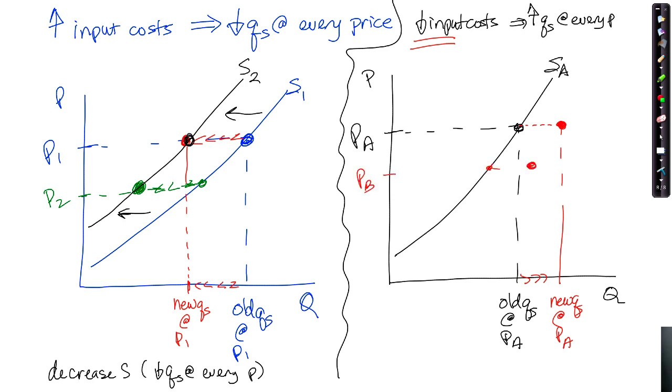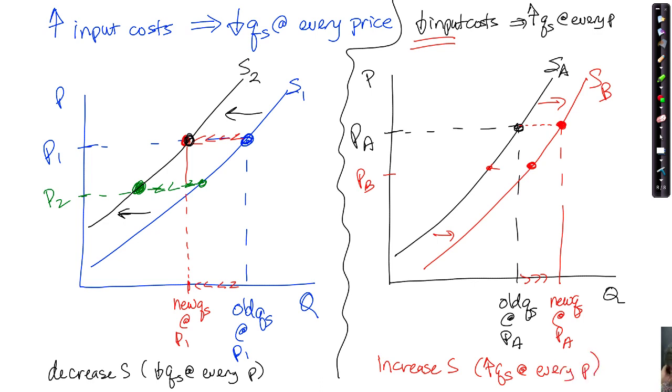So there'd be a higher quantity supplied at a price of P sub B and P sub C and so on. The entire supply curve shifts to the right. We'd have a new supply curve, I'll call it S sub B, to the right of the original supply curve. We call that an increase in supply because there's an increase in the quantity supplied at every price of frozen yogurt. Okay, so that's input costs.